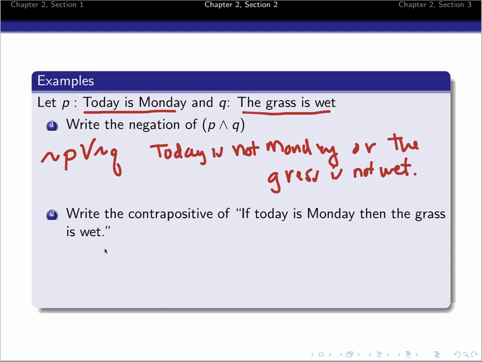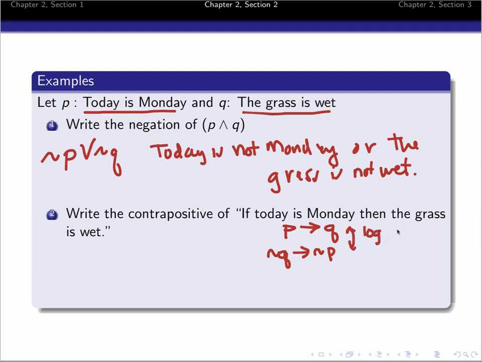And number 2 says write the contrapositive. So we have if today is Monday, that's P, then, so it's an if-then, so P arrow Q. The contrapositive swaps the order and negates it. So not Q implies not P. And the really cool thing about contrapositive is these two are logically equivalent.